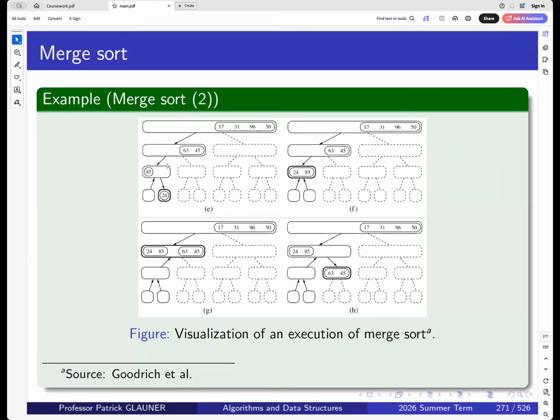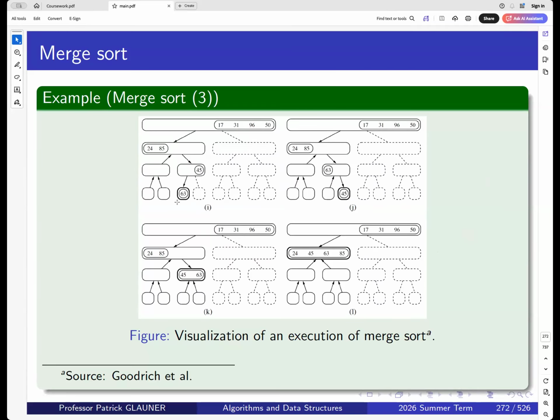Then I can start merging them together because I have the 85 and the 24, and I can bring them in order because I just compared them: 24 and 85. I keep doing the same for the 63 and 45. So I split 63 and 45 again into single elements, and then I merge them together, and then they are sorted: 45 and 63.